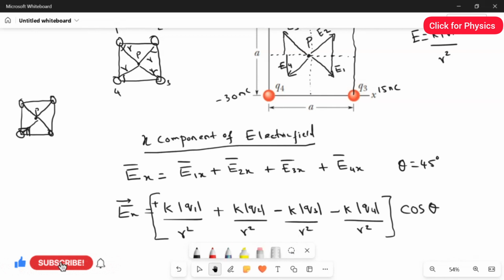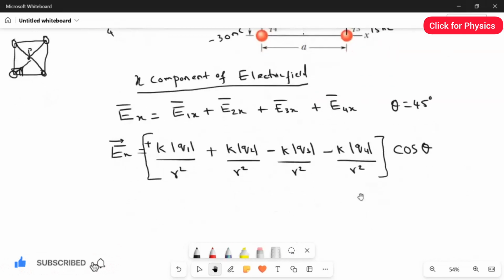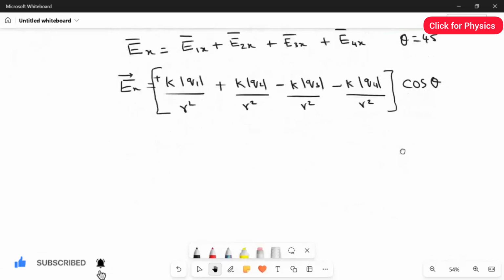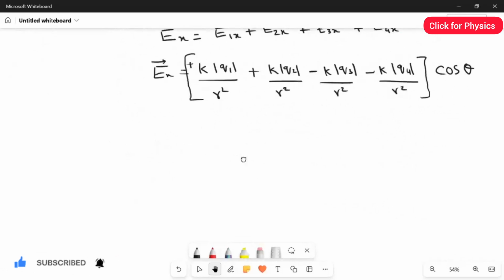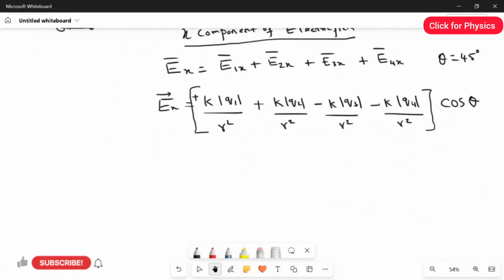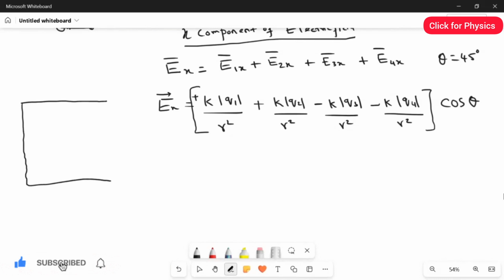Now I'm going to substitute the value, and also we have to find the value of R. So I have to take this diagram again for finding the value of R. Let's take the square shape, and I'm going to mention the name for each corner, A, B, C, D. So here you have two right angle triangles, right?